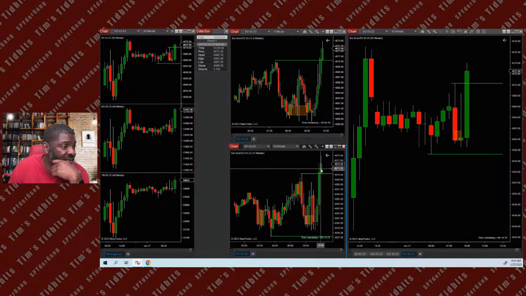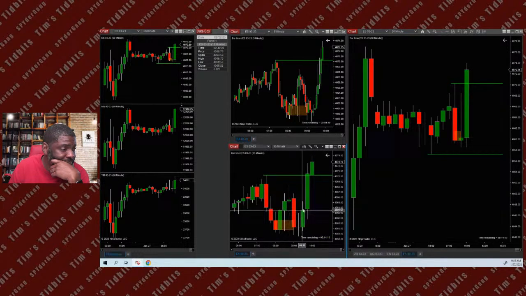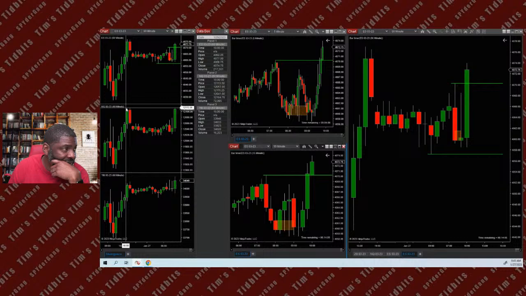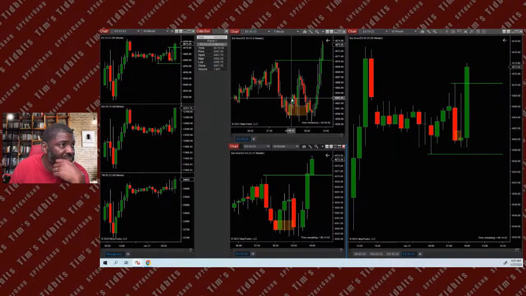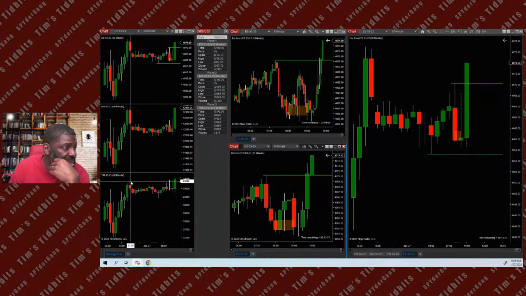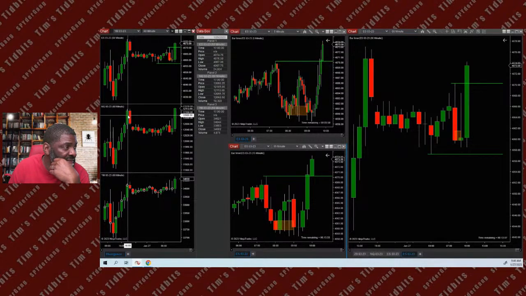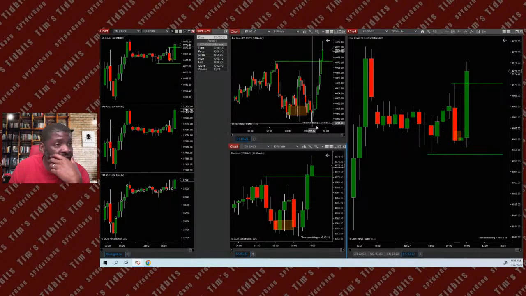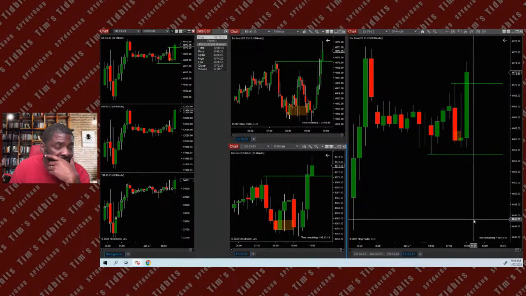The NQ gunning for that high. It's pulling up the ES. Again, the Dow took it out. The NQ just took it. The NQ just hit the high. Waiting on the ES now.